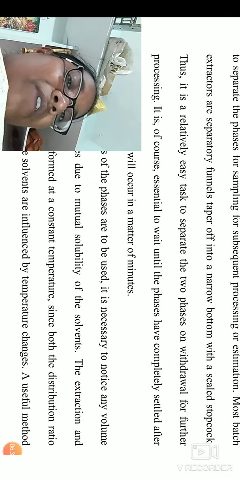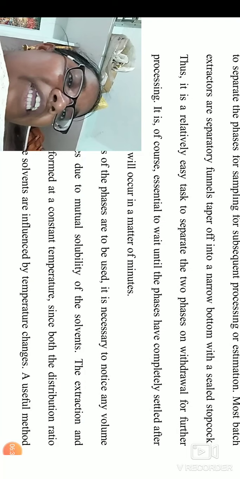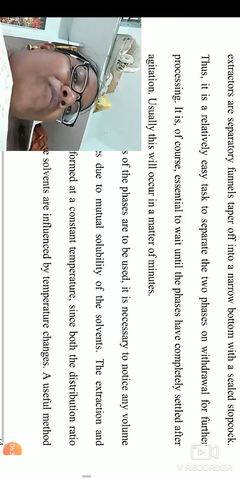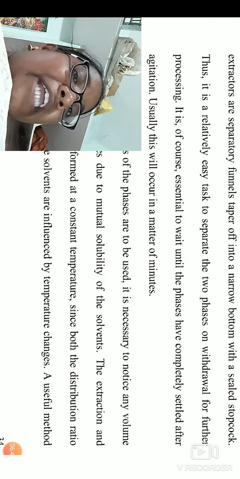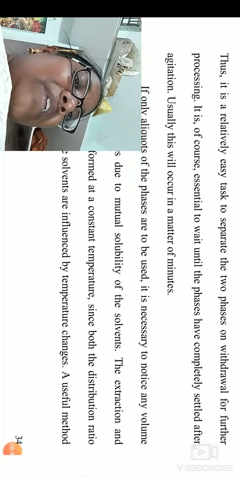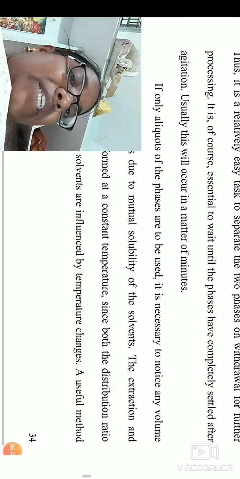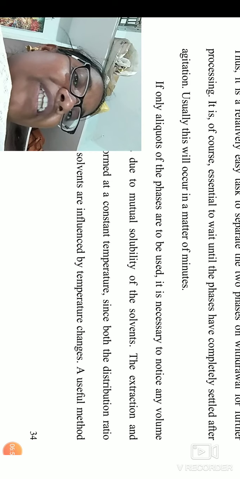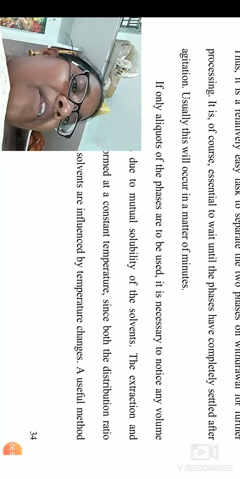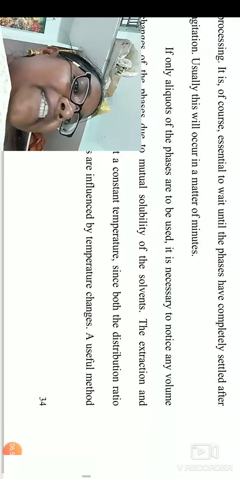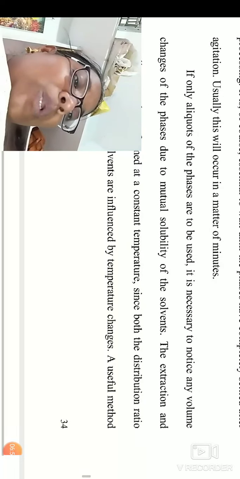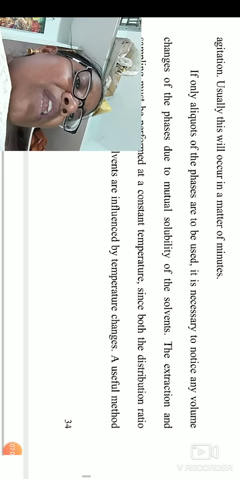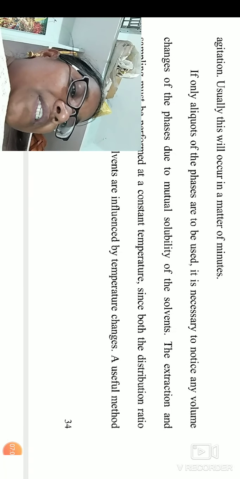It is, of course, essential to wait until the phases have completely settled after agitation. Usually, this will occur in a matter of minutes. If only aliquots of the phases are to be used, it is necessary to notice any volume changes of the phases due to mutual solubility of the solvents.